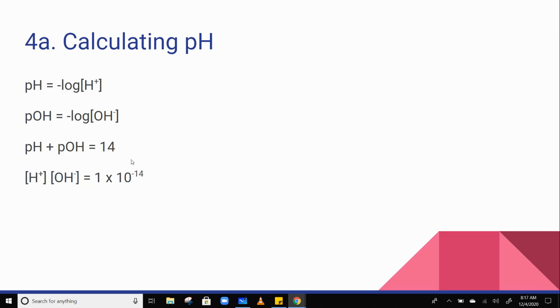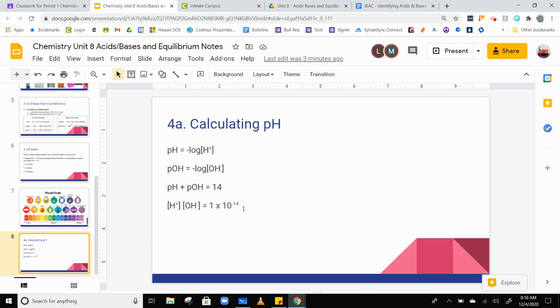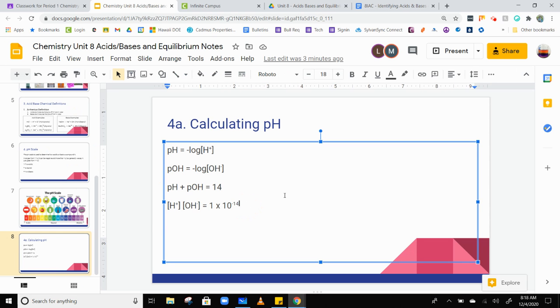This number is called the Kw. So I forgot to really explain this in my notes here. Kw is a constant for all aqueous solutions.